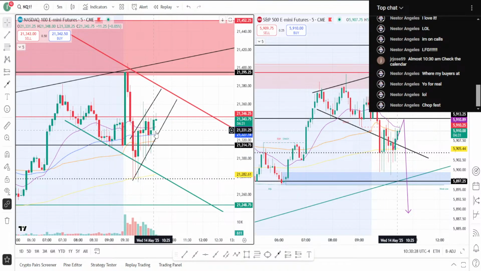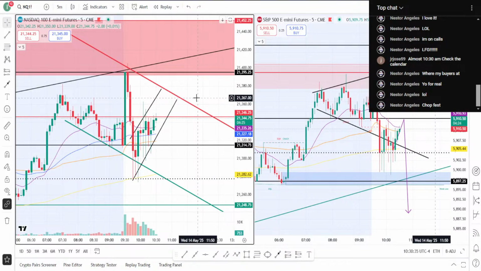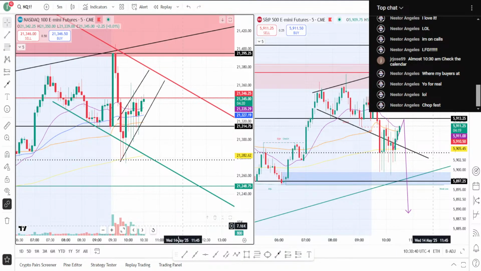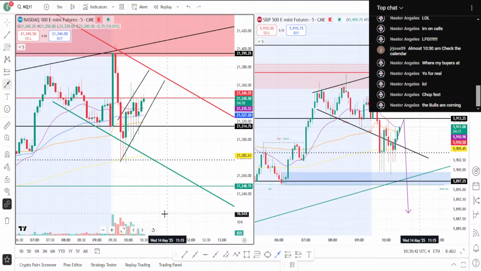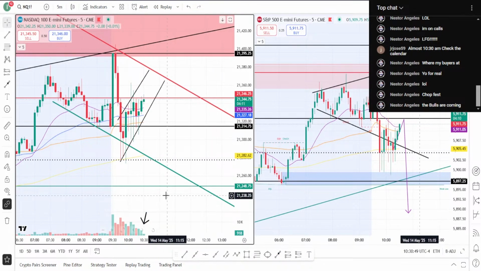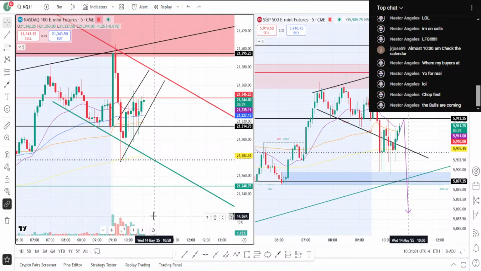This thing is kind of going up, but it's crawling, man. We need to see some volume spike. Look at this down here. Volume's dead. There's no volume in here. You don't want to trade when the market's not moving.